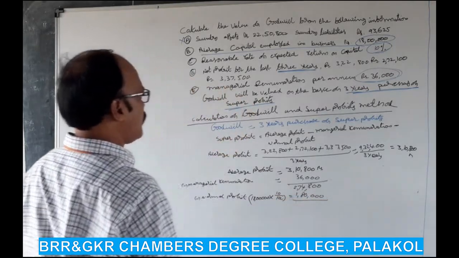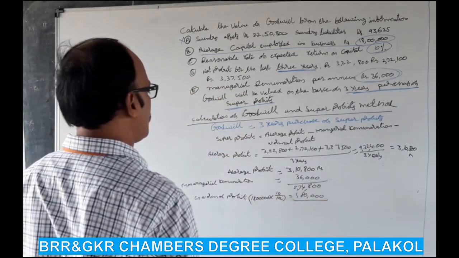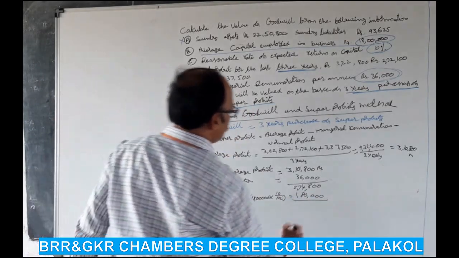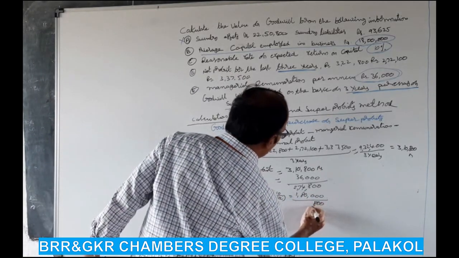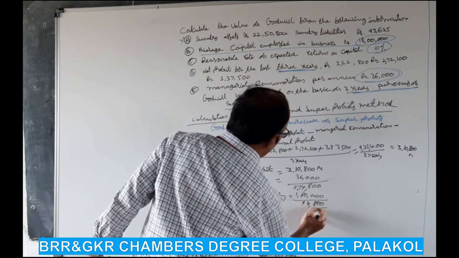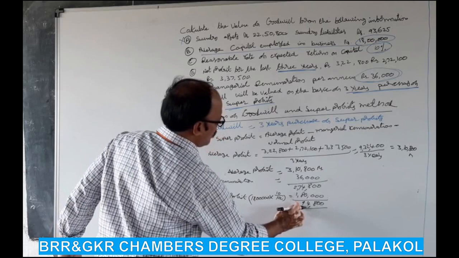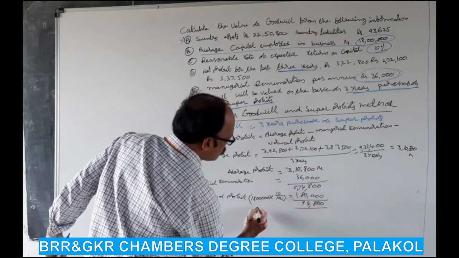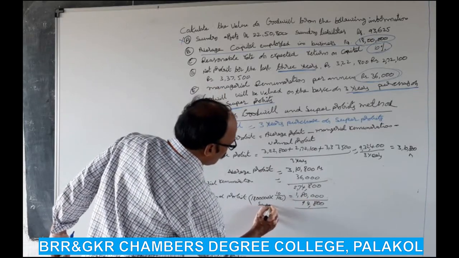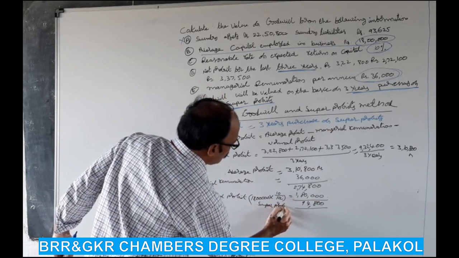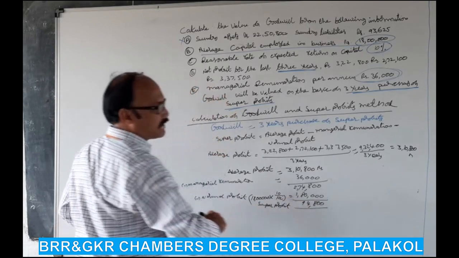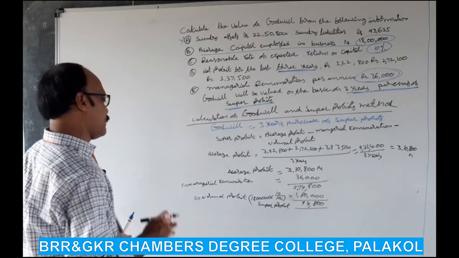So 2,74,800 minus 1,80,000, 94,800 is to be treated as super profits.